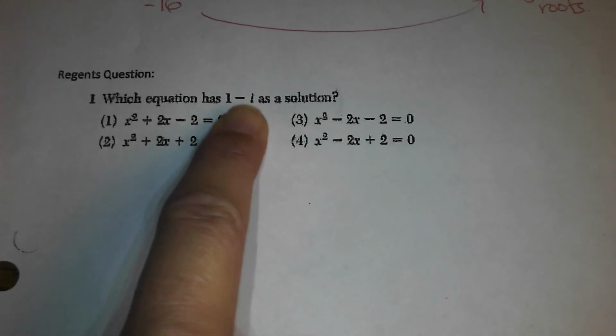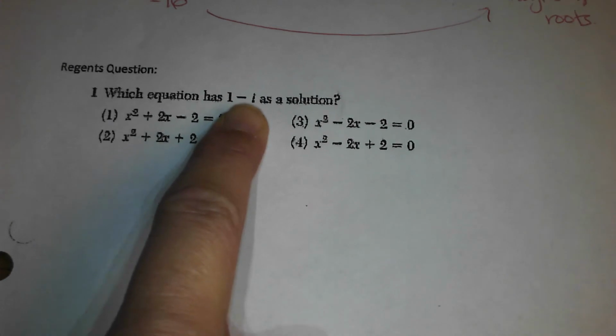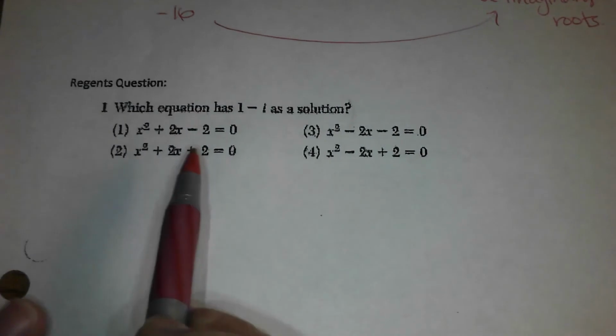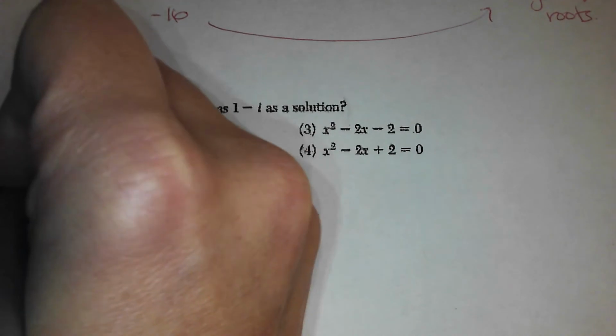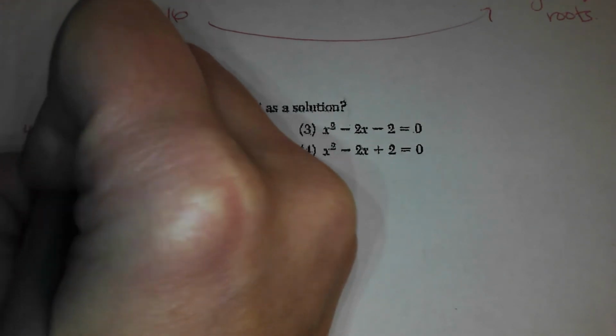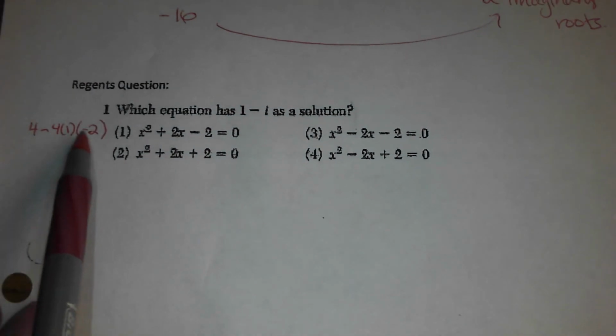So what type of discriminant are we looking for? Negative, exactly. Does that make sense? So really quickly, if I just did the discriminant test, b squared would be 4 minus 4ac. That's going to be 4 plus 8, correct?